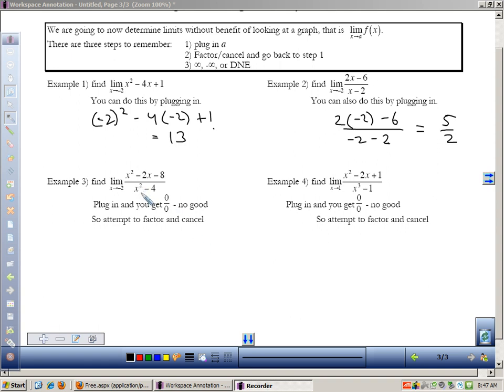So what we have to do, if we get some kind of problem, is we have to factor. I'm going to factor the numerator, which factors to x minus 4 times x plus 2. And the denominator factors to x plus 2 times x minus 2.